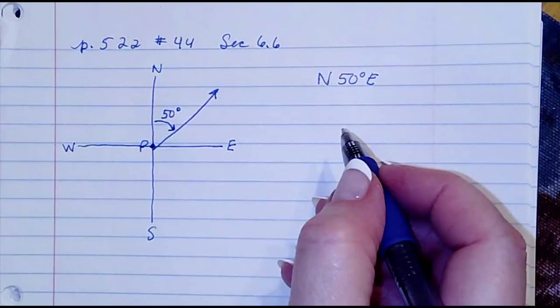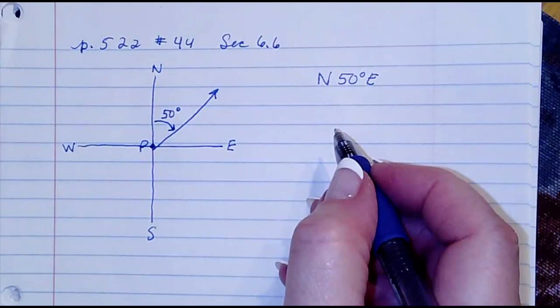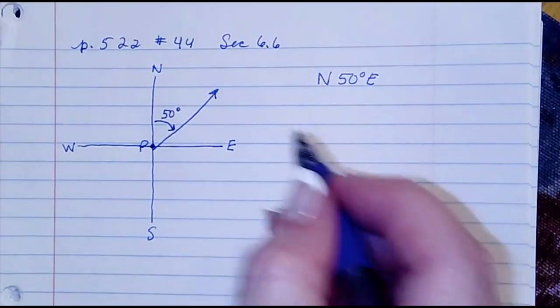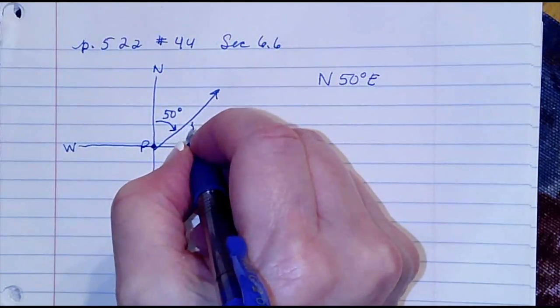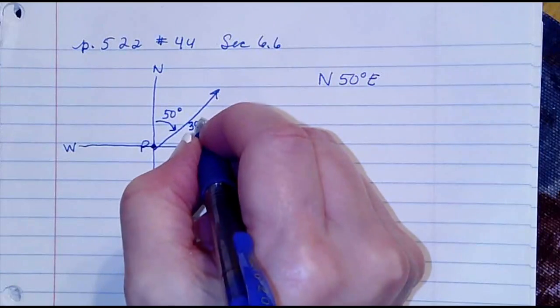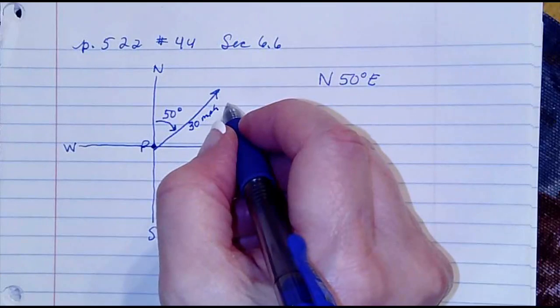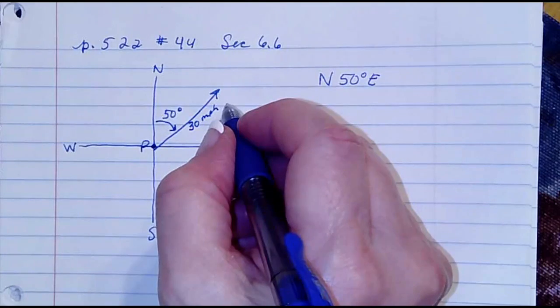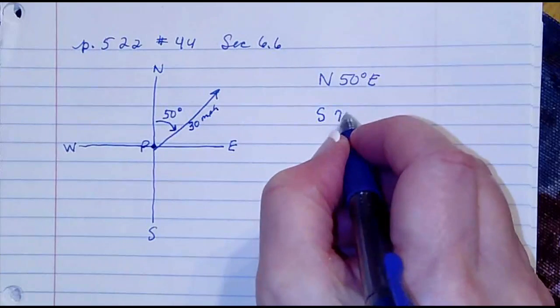And then this first one says it leaves the same port at the same time and travels at a speed of 30, so this would be 30 miles per hour for this guy. All right. Then it says the other travels at a speed of 26 in the direction of south 70 degrees east.